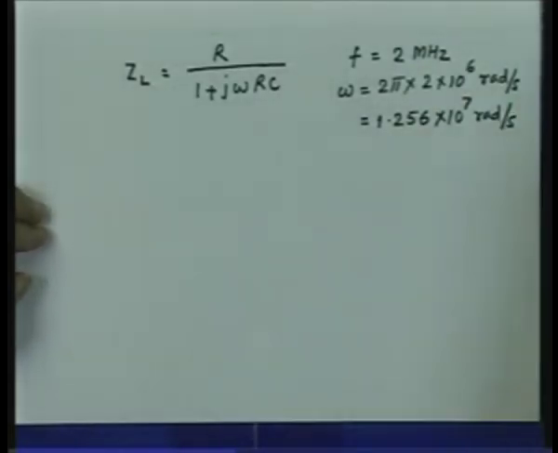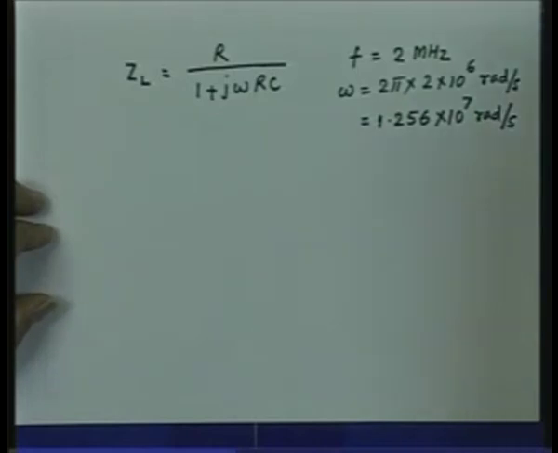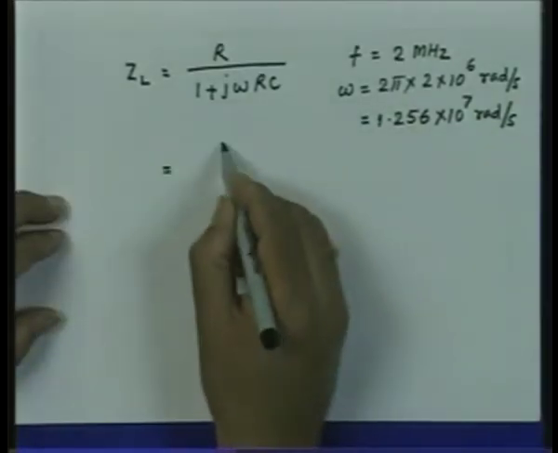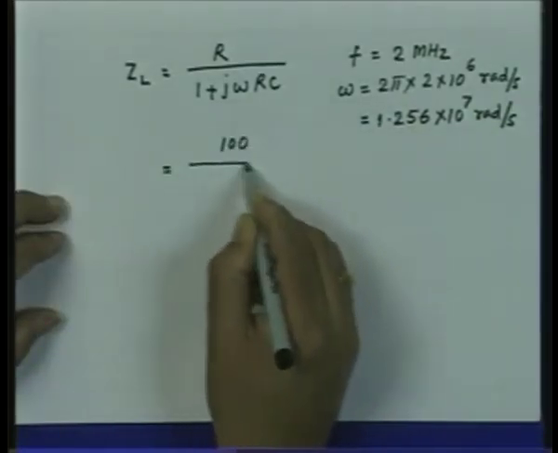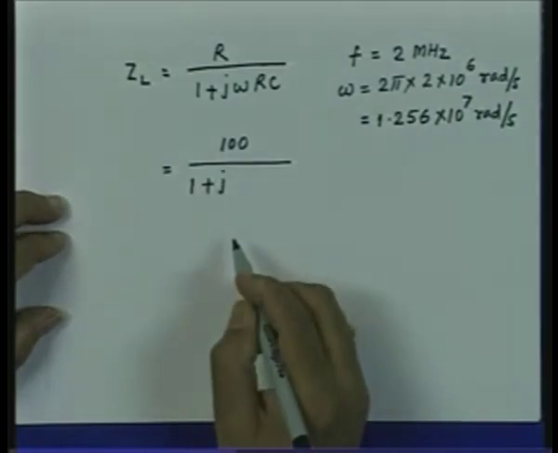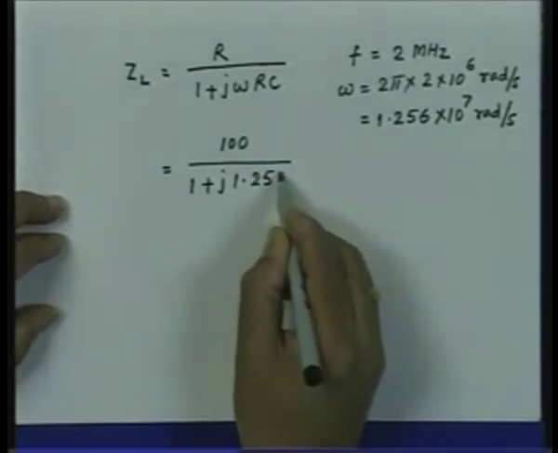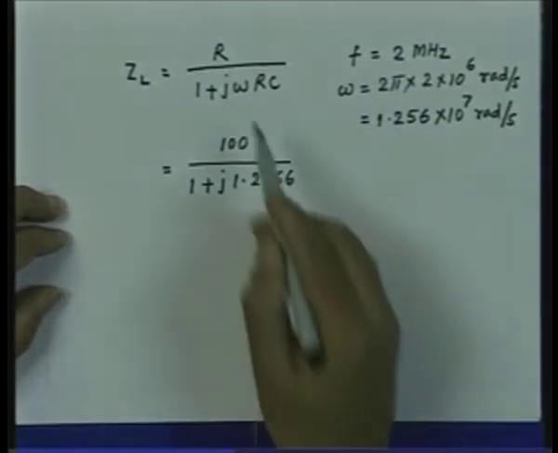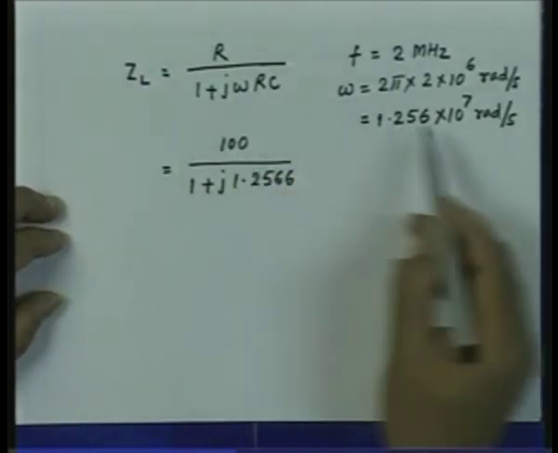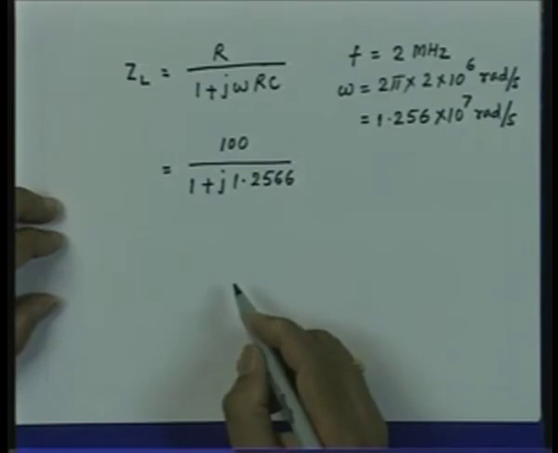Substituting for omega, R and C, where R is 100 ohms and C is 1 nanofarad, we get 100 divided by 1 plus j 1.2566. So, omega RC, by substituting the values, gives this quantity 1.2566.